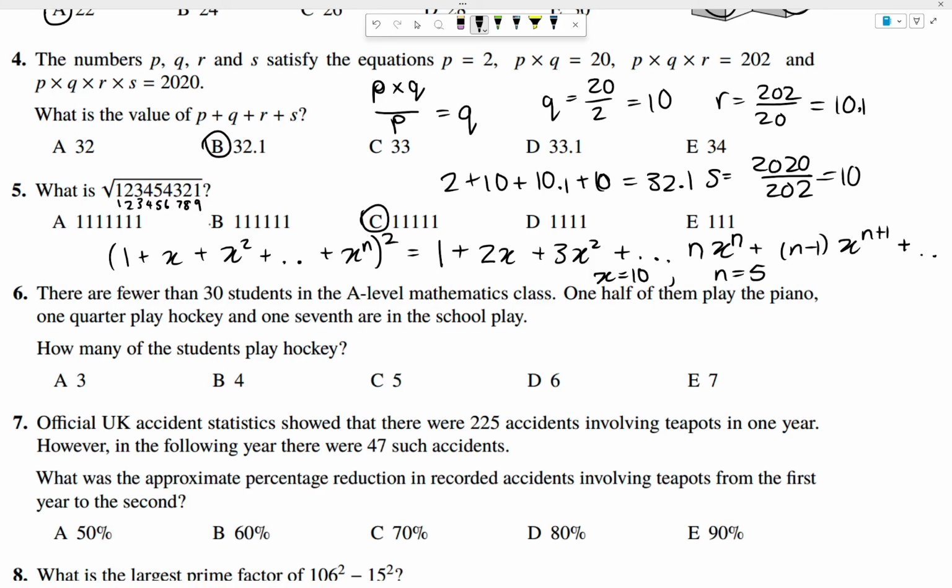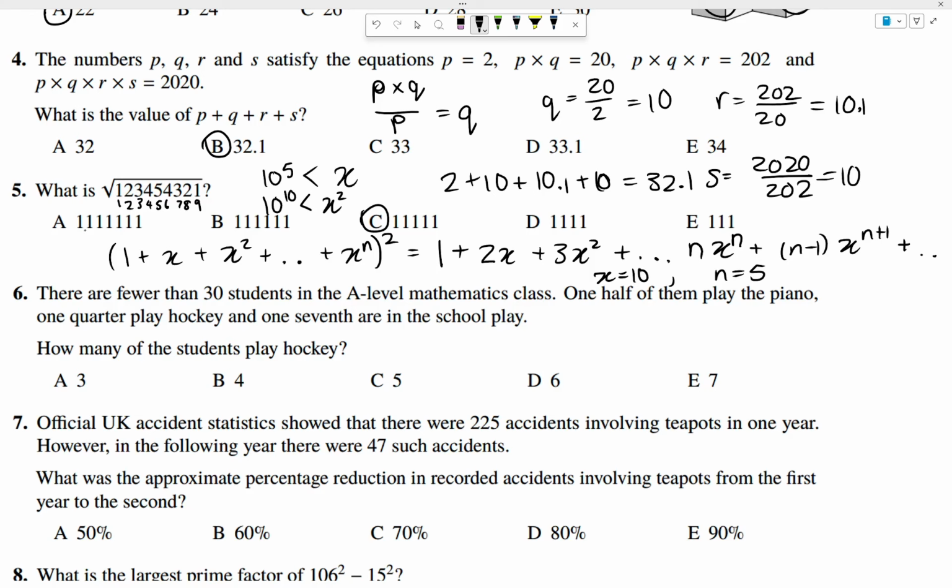And a 6-digit number will be greater than 10 to the power of 5, so if we square both sides, that means that x squared will have more than 9 digits.